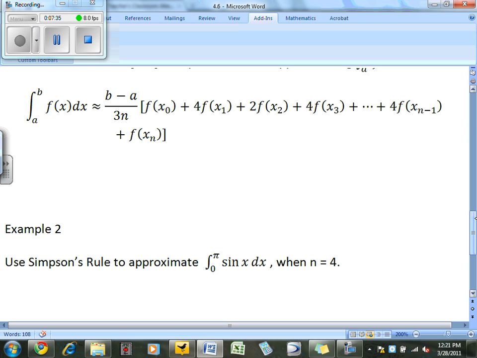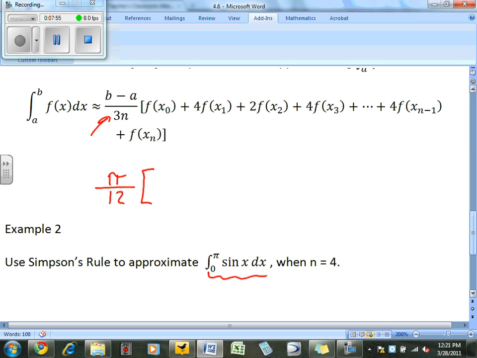So if we wanted to use Simpson's rule, this is just like the one we did above. We're going to go b minus a, so it'll be pi minus 0, which is just pi, all over 4 times 3, which is 12, because that's what our formula says here.